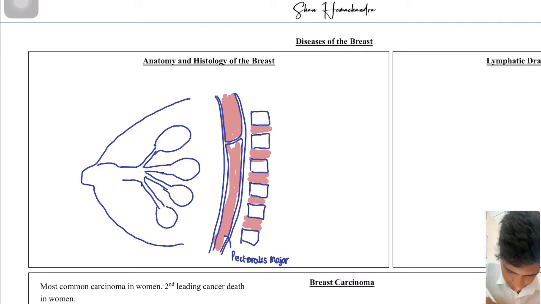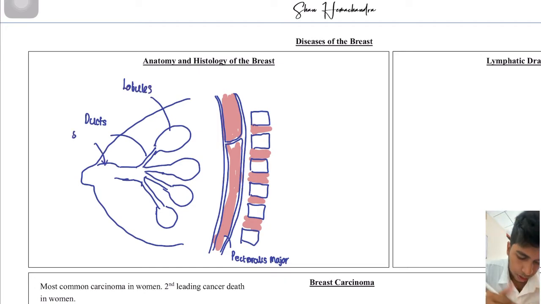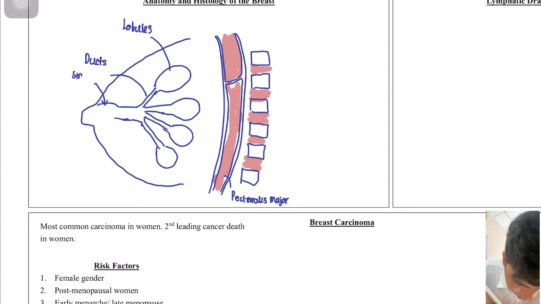Now what's important to understand is, these are ducts, these are lobules, breast lobules. Here's the sinus, breast sinuses, and they open to the nipple. Okay.